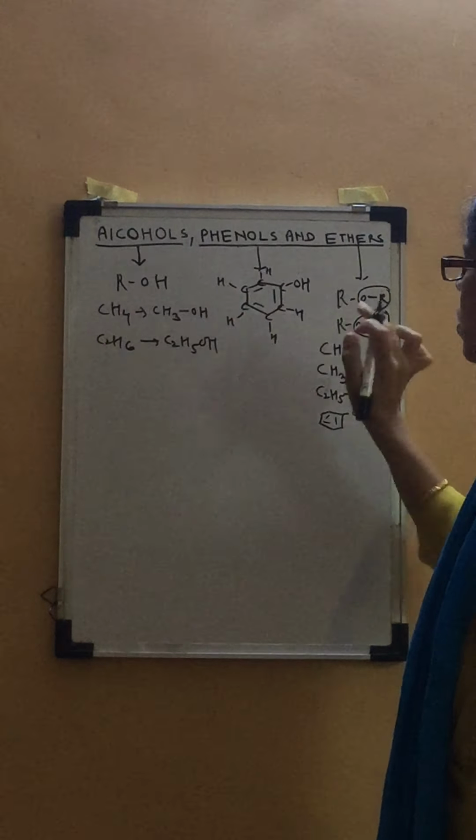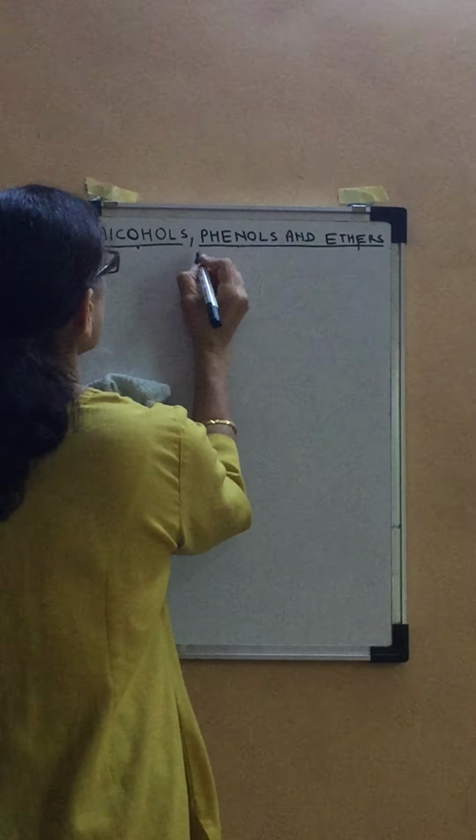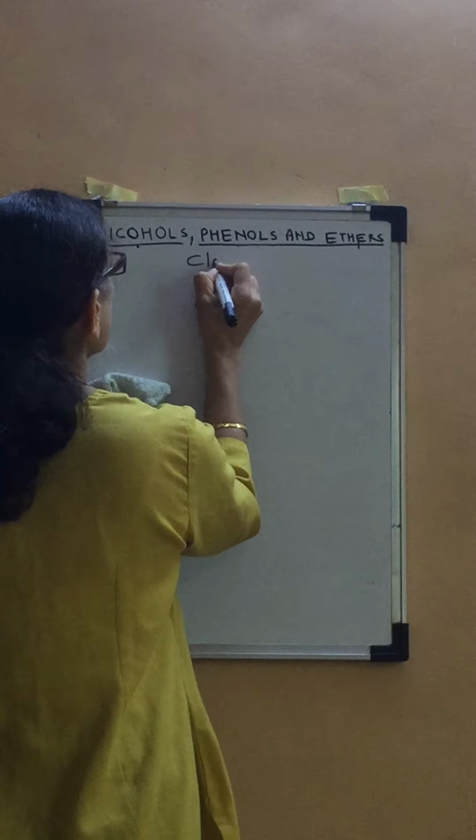Now we will go to classification of alcohols, phenols and ethers. First of all, we are going to see classification of alcohols and phenols, and then we will go for ethers.